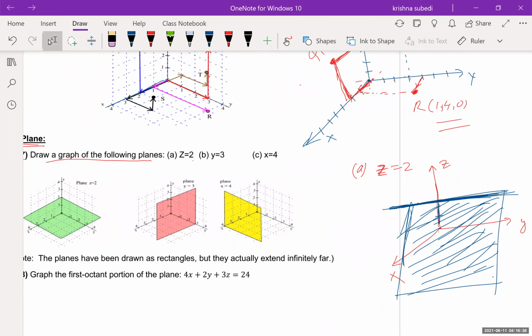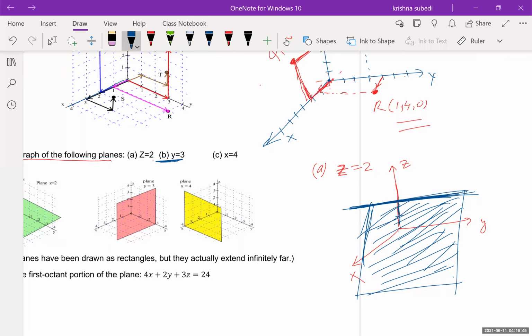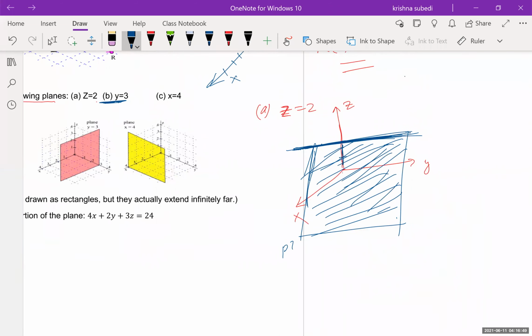In the same way, y equals 3 means it's a plane parallel to the xz plane. If your ceiling is, let's say, 2 meters, then the ceiling and the floor are parallel.